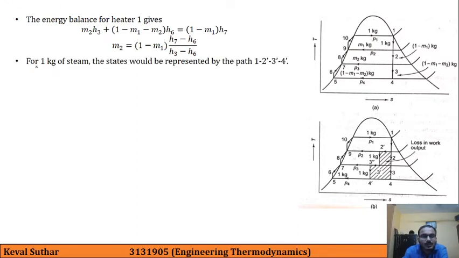Now let us say that for 1 kg of steam, the states would be represented by the path 1, 2 prime, 3 prime and 4 prime. That is, here the work output has been changed. That is, this is as it is.